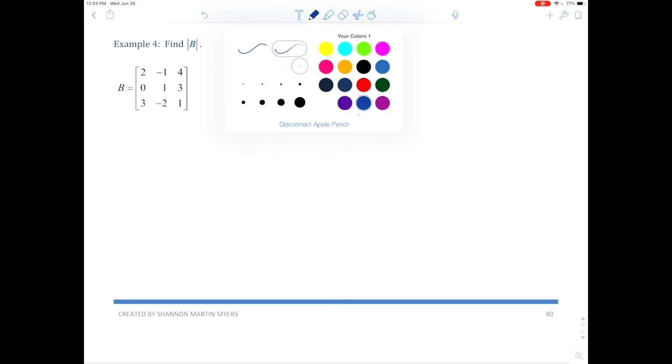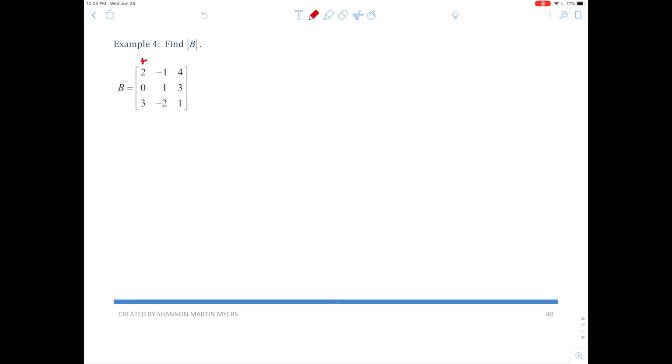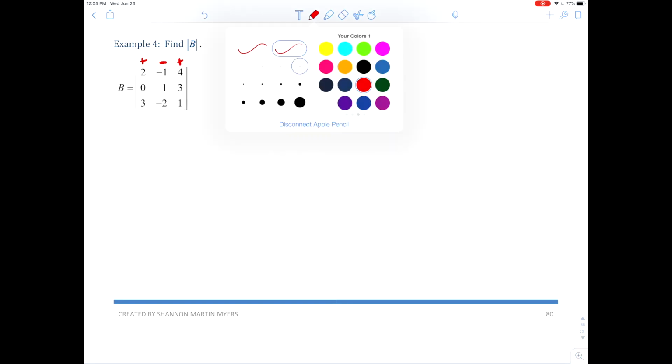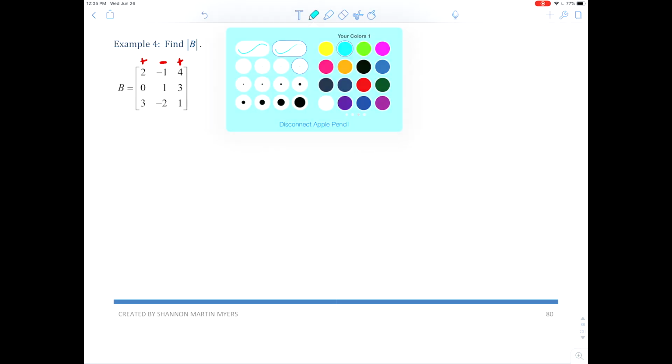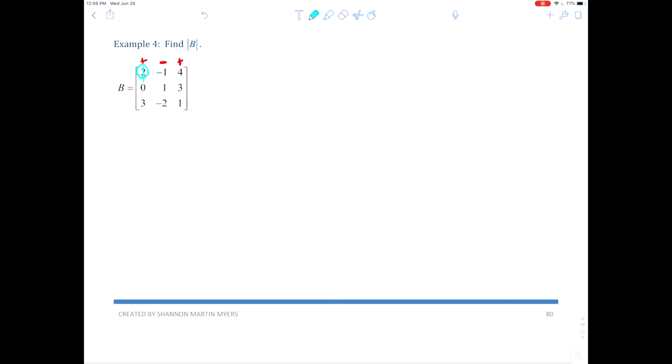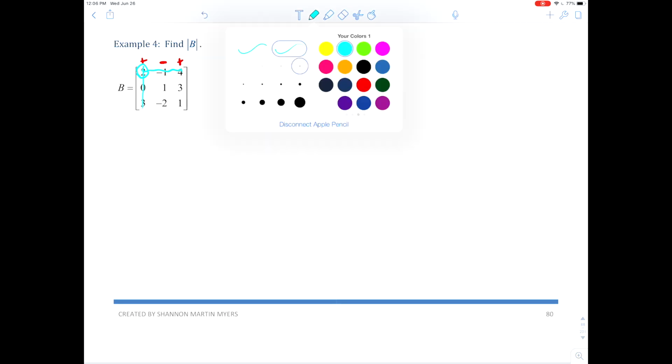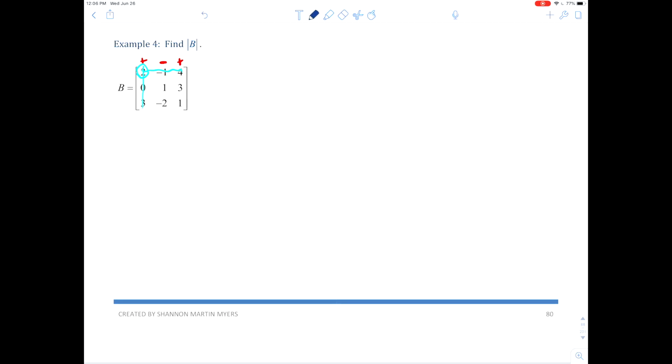So I'm going to just start doing the shortcut way, plus, minus, plus, all right? So when I do so, what will happen? Well, first I'll expand about this 2. Temporarily, I'll cross these out so we can see what's going on. So the determinant of B will equal positive 2 times the determinant of 1, 3, -2, 1.